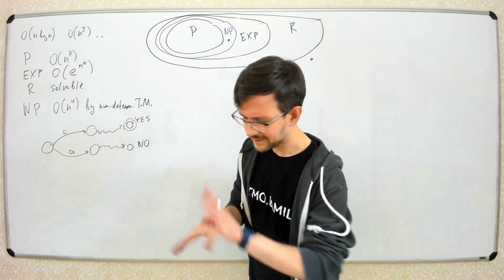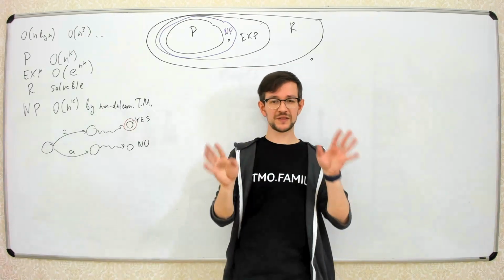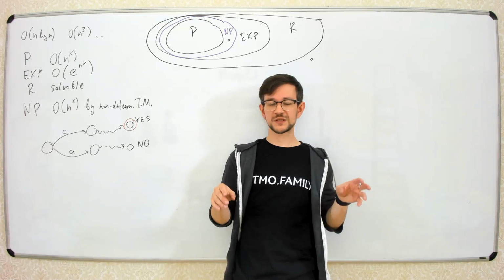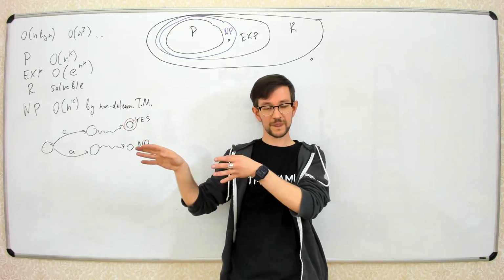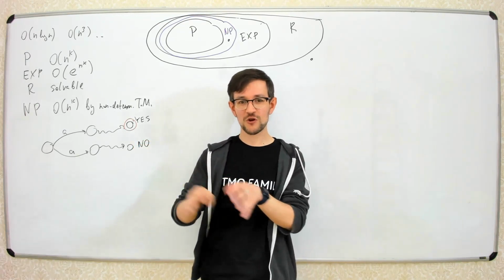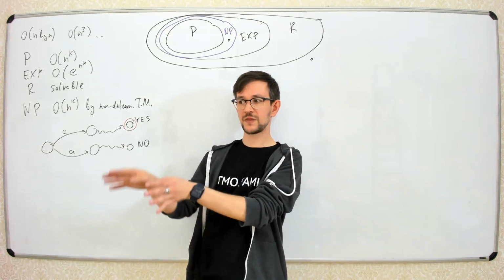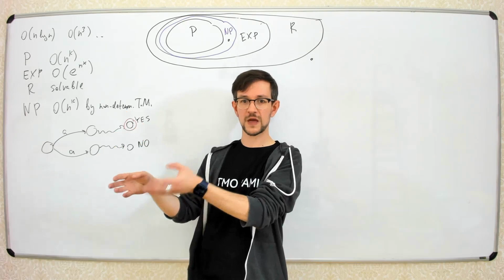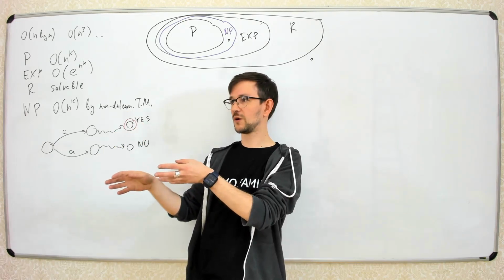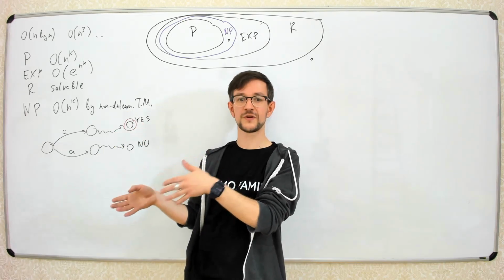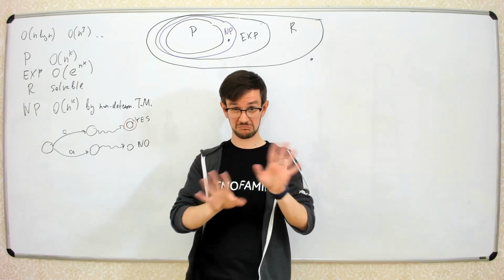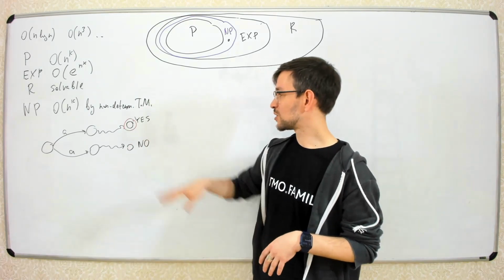Again, you may think of it like this: someone knows the answer. You're running your Turing machine, you don't know the answer, and someone knows it. The man who knows the answer tries to prove to you that there is an answer.